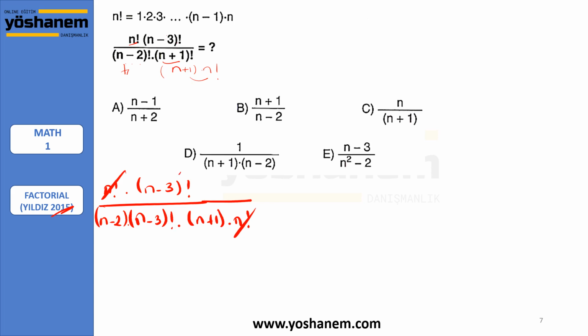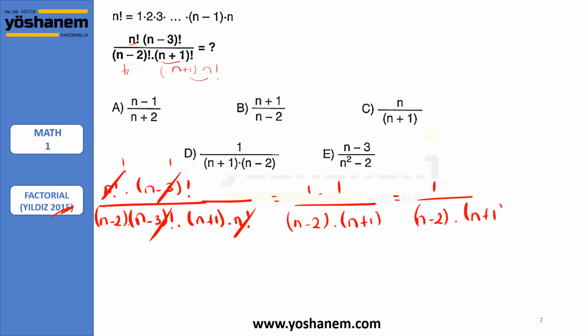I can also cancel n minus 3 factorial. 1 times 1 over n minus 2 times n plus 1. So it is 1 divided by n minus 2 times n plus 1. And that's the answer.